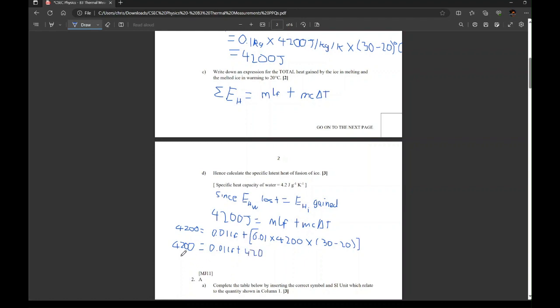And then we're going to say 0.01 LF is equal to 4,200 minus 420, which gives us 3,780.